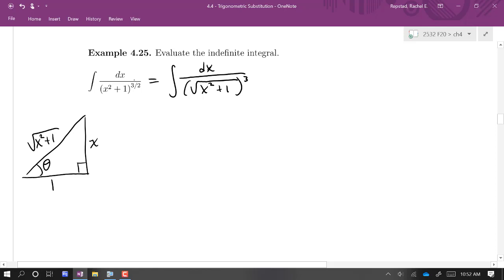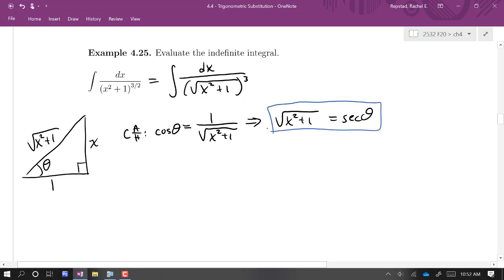So, all right, using cosine, we get cosine theta is 1 over the square root of x squared plus 1. And so that means that the radical is equal to secant theta. So there's one substitution that we need.